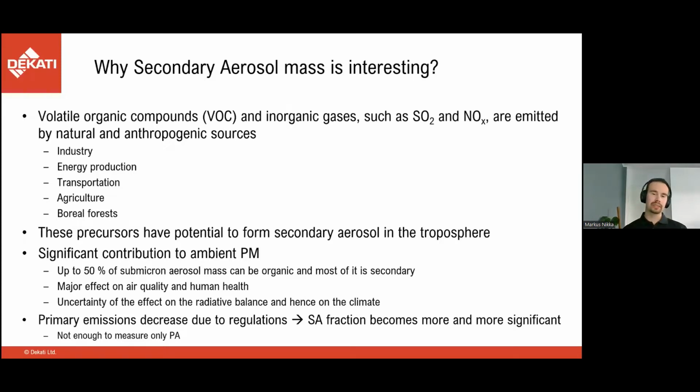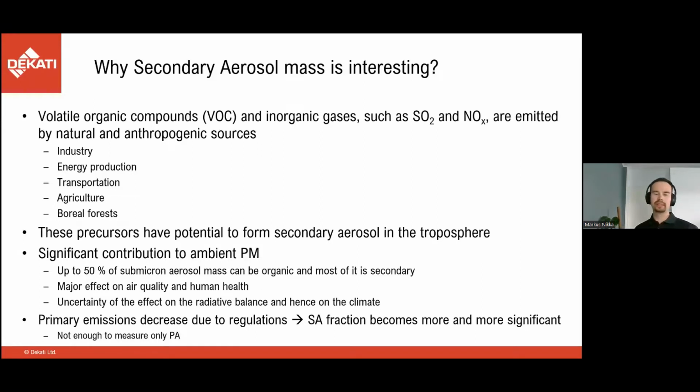And this secondary aerosol mass actually has a significant contribution to the ambient particulate mass. So there are estimations that up to 50% of the mass of particles smaller than 1 micrometer is organic, and almost all of this organic particulate mass is produced through aging, so it's secondary aerosol mass.